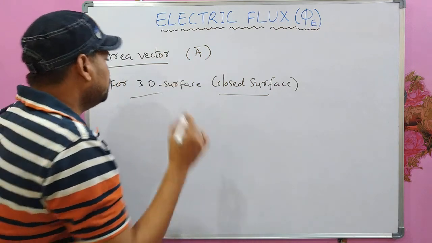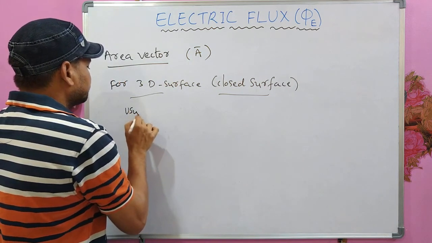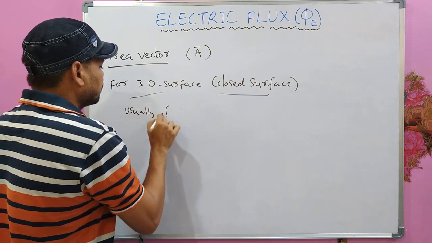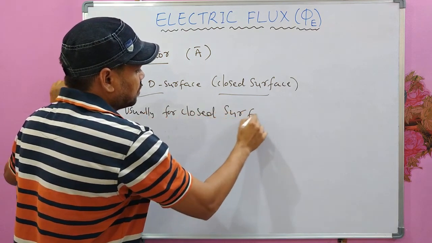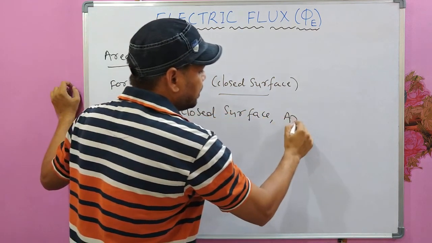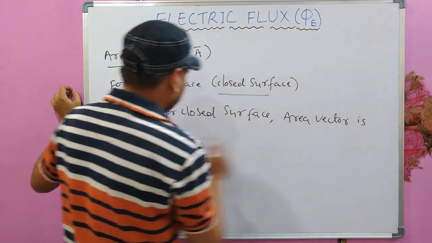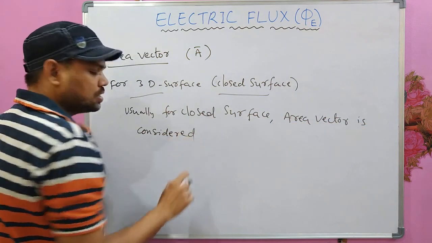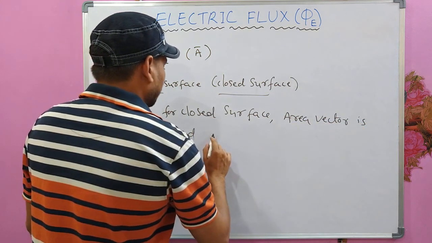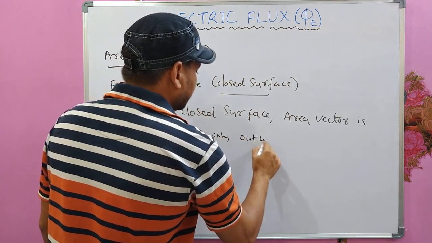Okay, but usually for closed surface, area vector is considered only outward normal.